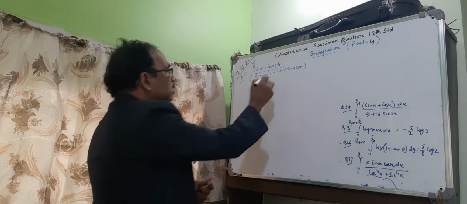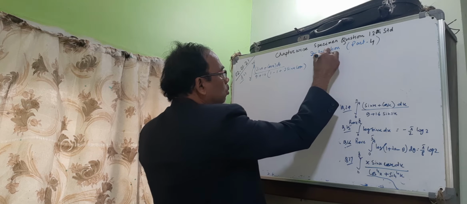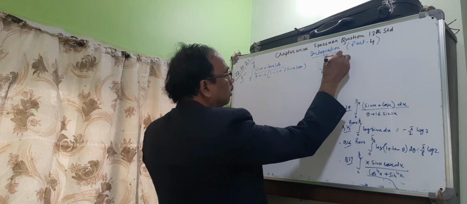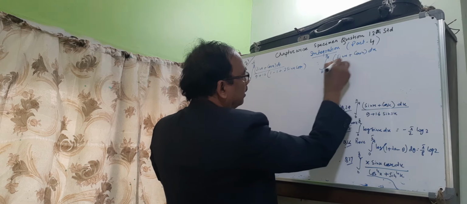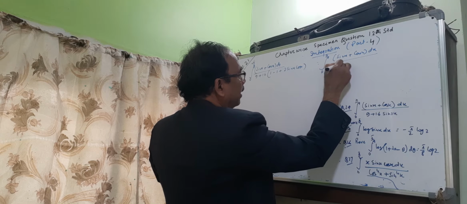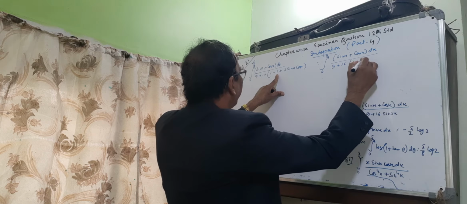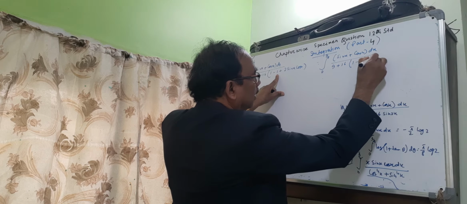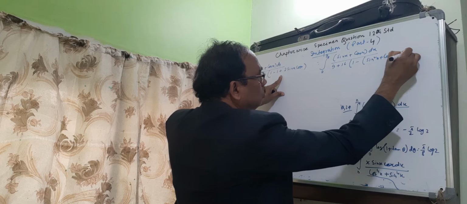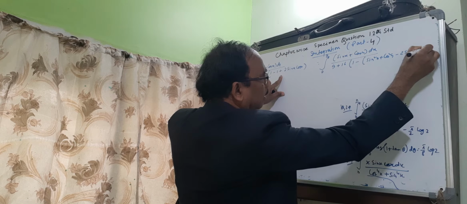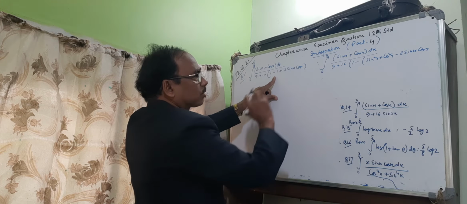Because this is the formula. It equals 0 to pi by 4 sin x plus cos x dx over 9 plus 16 times 1 minus, instead of 1 we can write sin square x plus cos square x minus 2 sin x cos x. Because if you take minus 1, this will be 1 minus 2 sin x cos x.